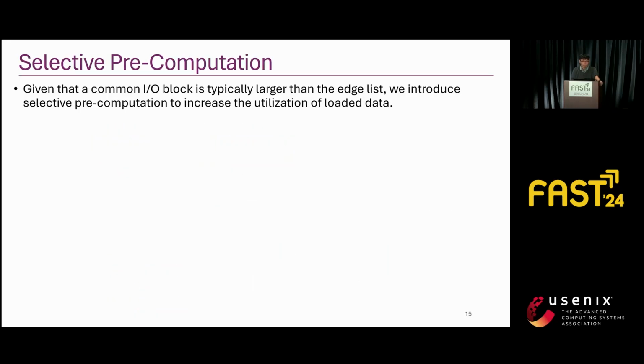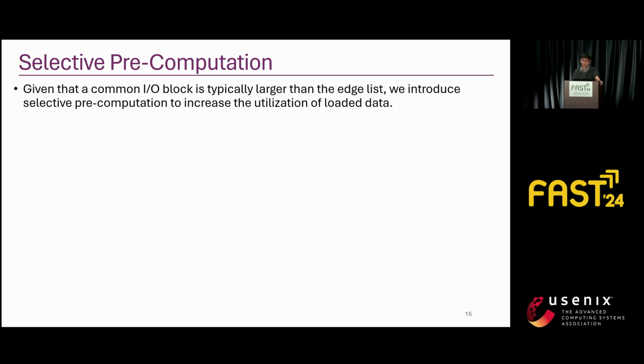Okay. And the final one, the third technique that we present here, is the selective computation. The motivation of this technique is that although the on-demand processing tries to read only the necessary data, the fact is a common I/O block is typically larger than the edge disk.